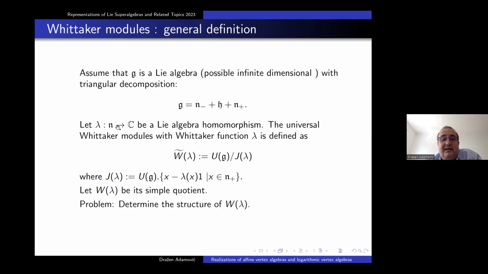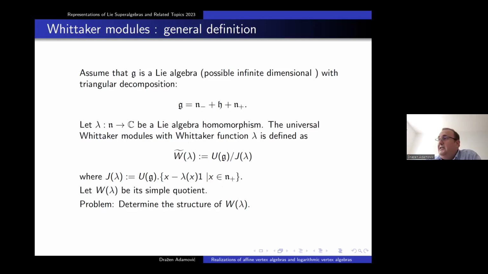plus to C. Then the universal Whittaker module with Whittaker function lambda is defined as the quotient of the universal enveloping algebra by the left ideal generated by x minus lambda(x)1. So this is something similar to a highest weight module, but with a relaxed highest weight condition to get a Whittaker module.